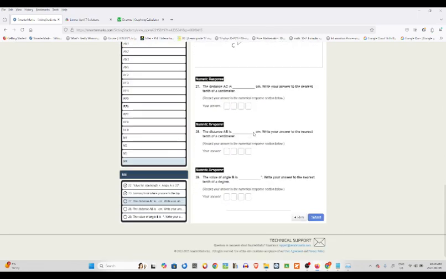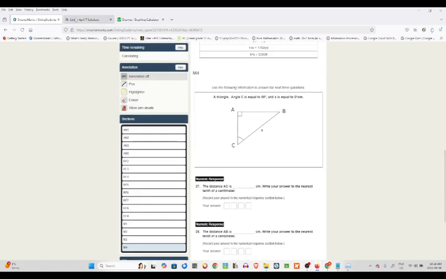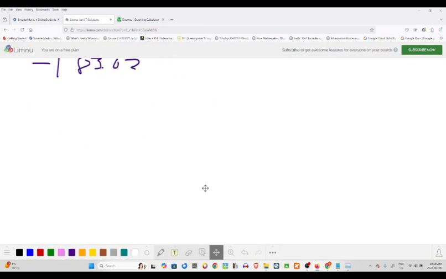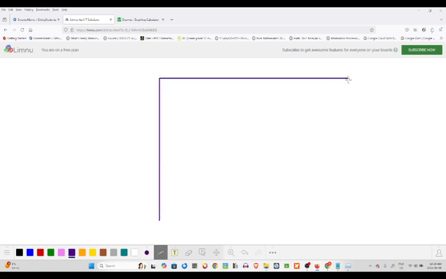All right, now we have a triangle to solve. So let's take a look here. Let's draw a vertical line, a horizontal line, and a diagonal line.